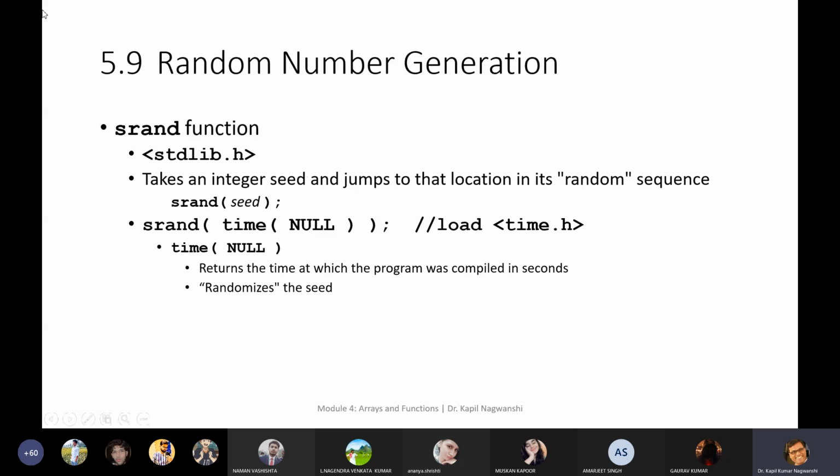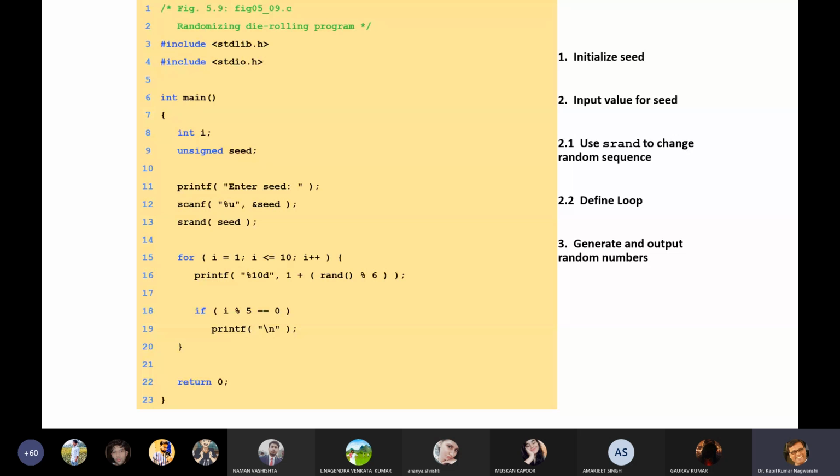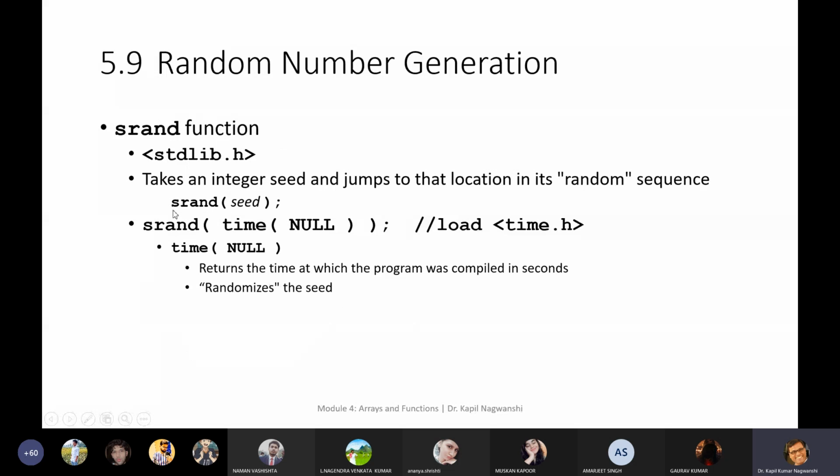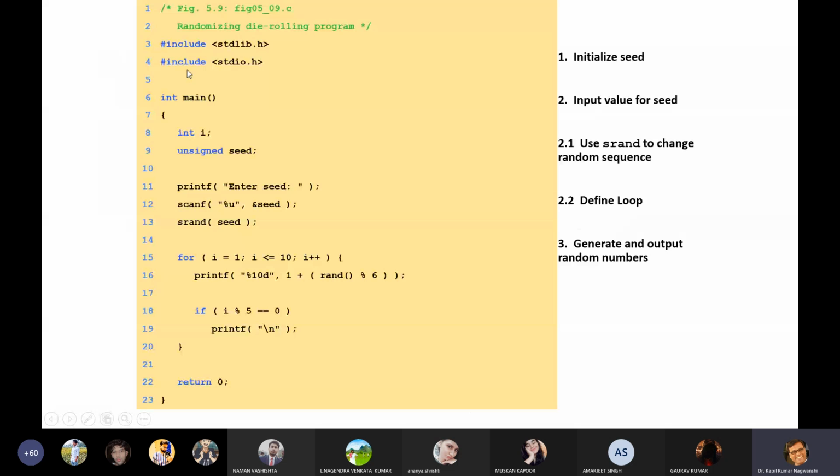So let us, okay, just try to understand this. This is one program, random seed, use of srand function, include stdlib.h, stdio.h. So there is the rand function, okay, and then we are using the srand function. So what is the motive of this program?